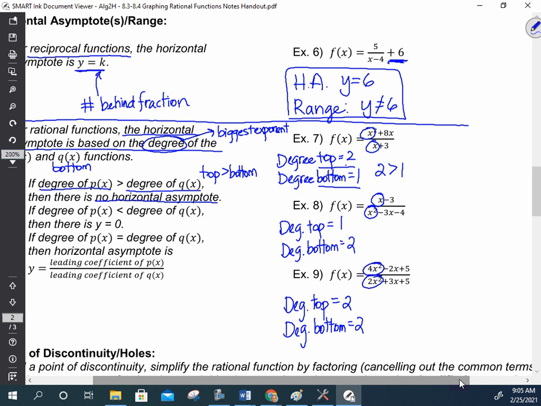That means example 7 has no horizontal asymptote. So that means there's no horizontal asymptote in your range. Your range is free. You're a free range then.